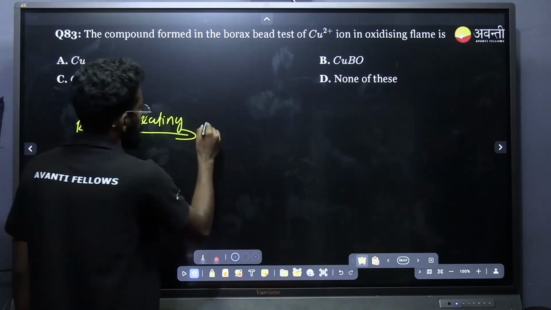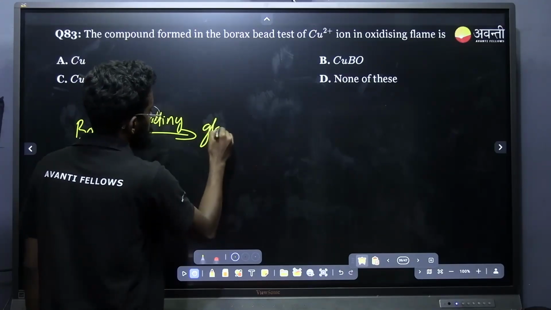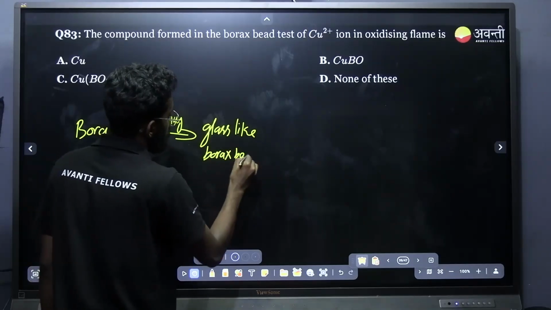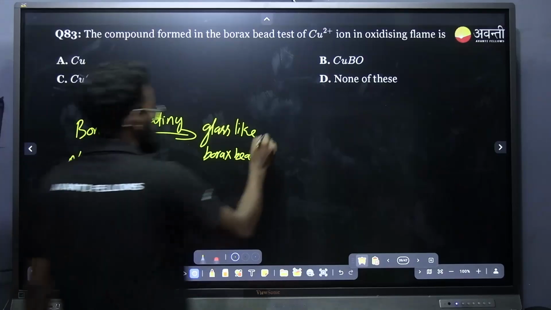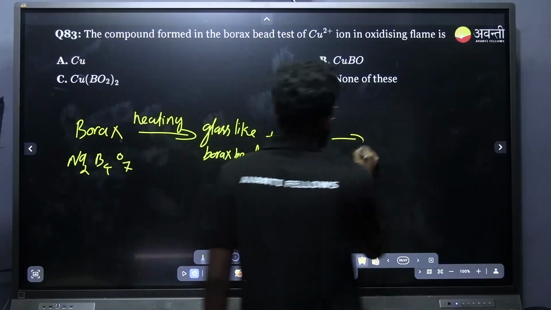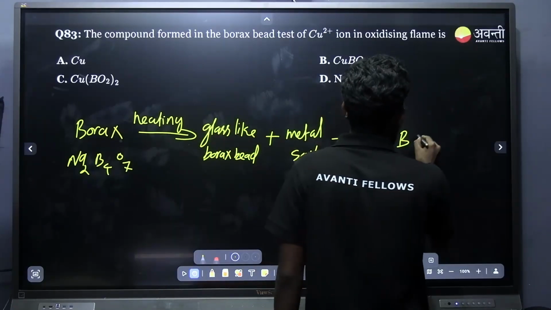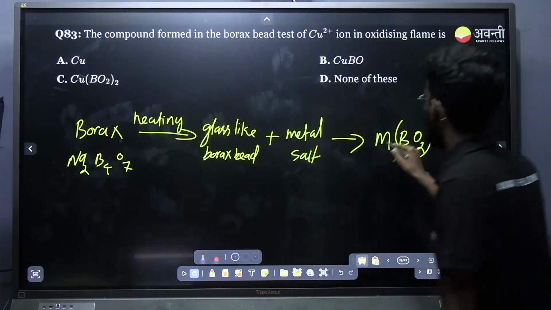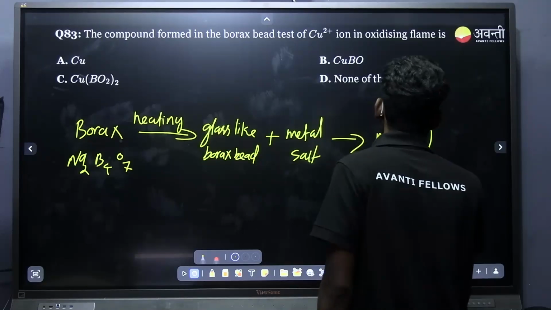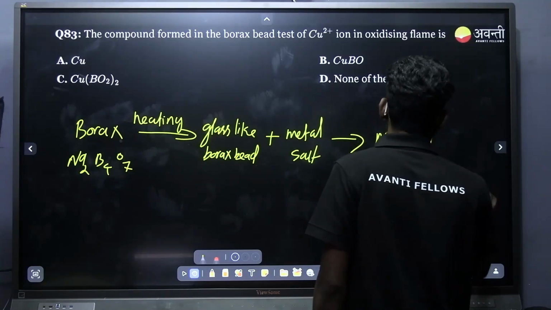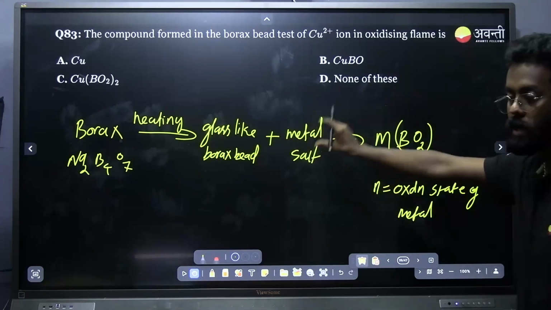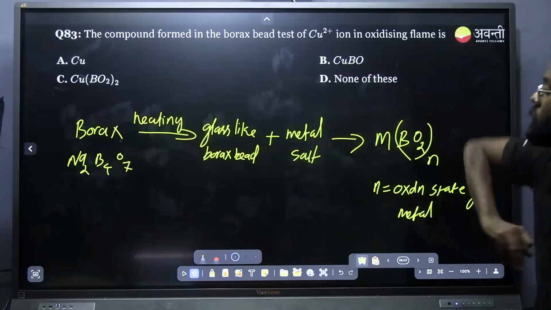Borax on heating gives a glass-like borax bead, and this glass-like borax bead on treating with a metal salt gives metal metaborate, and the formula of it is M(BO2)n, where n is the oxidation state of the metal. This is enough, just take a screenshot of it. This is enough to solve a question related to the borax bead.